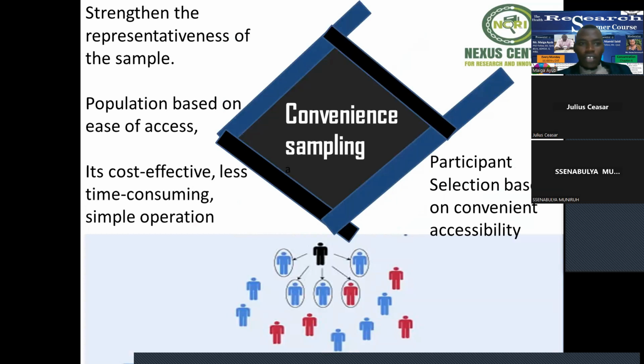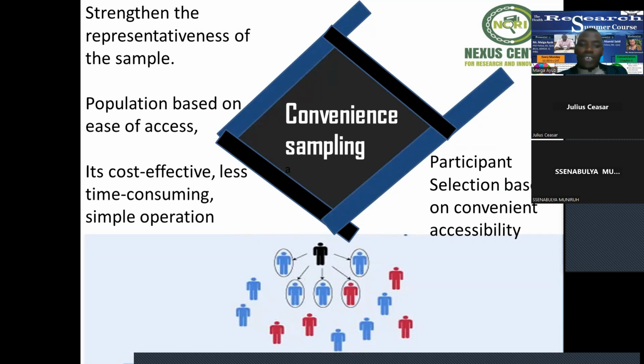So there is also what you call convenience sampling. This one is, as it says, based on convenience of maybe access. And usually what students do is convenience because you don't have the finances, you don't have the access to mothers who are probably living far from you. So you conveniently select mothers within the locality of your reach. That kind of sampling is called convenience sampling, and it is a non-probability sampling technique.